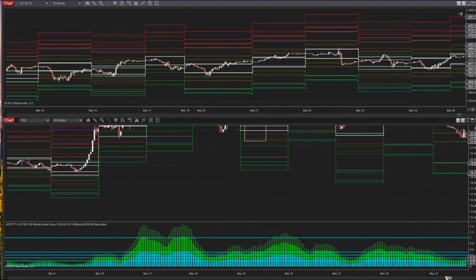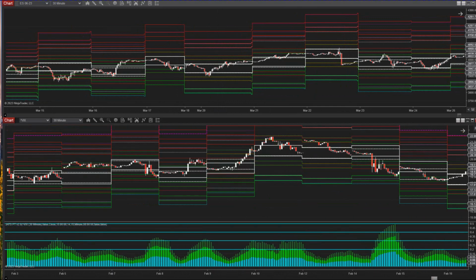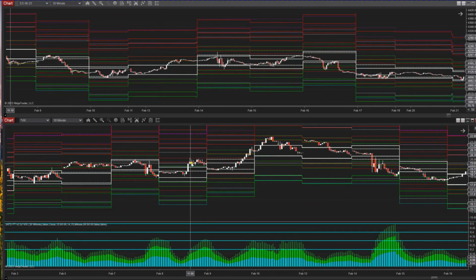You can do this on multiple time frames. I'm just showing you daily. The same probability structure can be put on other higher time frames: weekly, monthly, daily data.